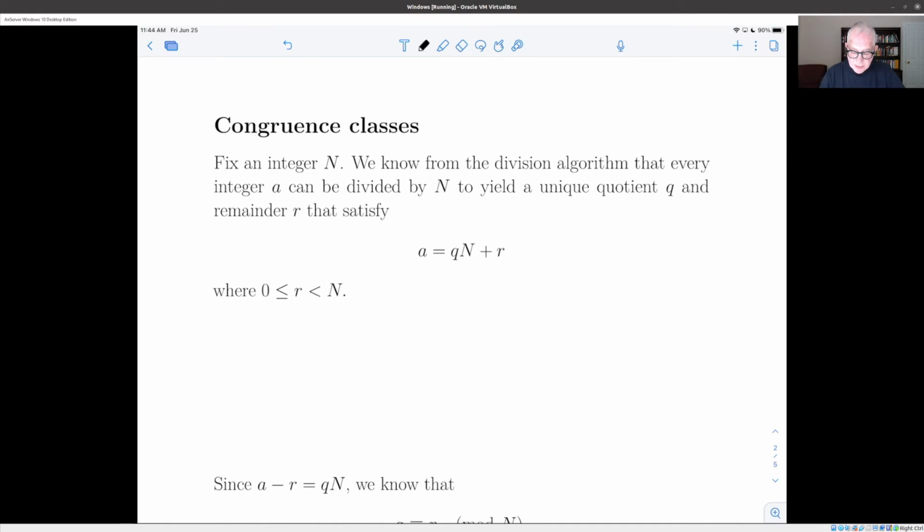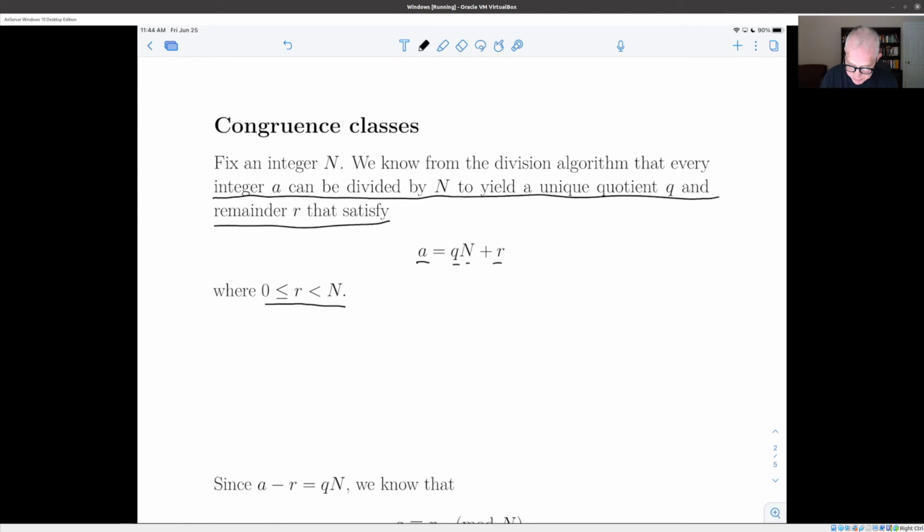So the division algorithm is basically division with remainder, and it tells us that every integer a can be divided by n, and it yields a unique quotient and remainder. The quotient and remainder satisfy a is q times n plus r, where r is between 0 and n.